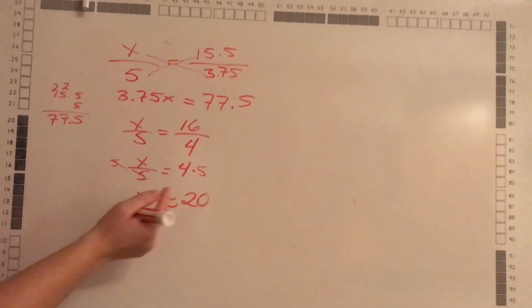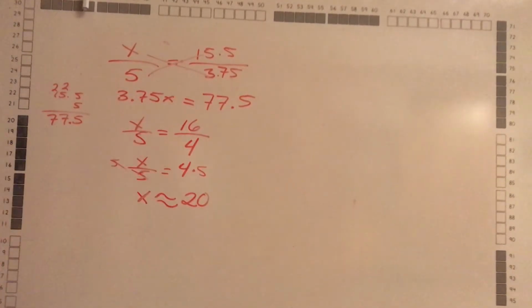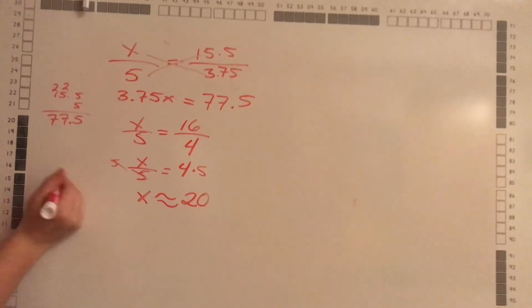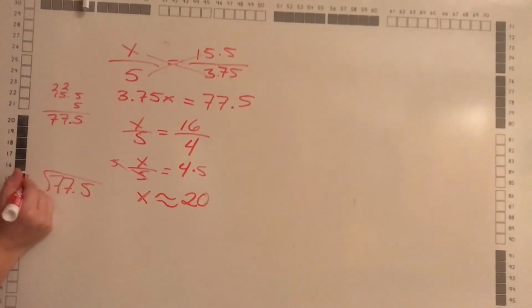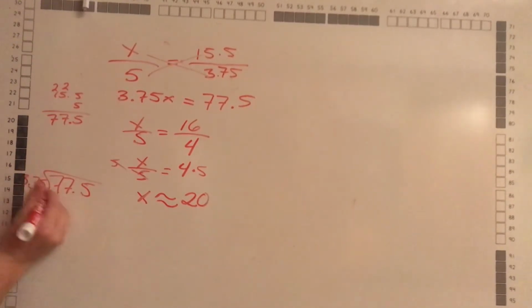Now let's do our math up here with the 77.5 divided by 3.75 and see how close we were. So we have 77.5 divided by 3.75. Bring over your decimal.